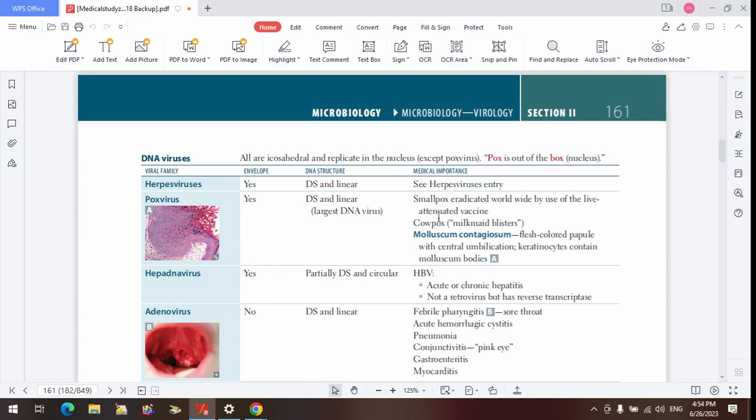But another thing that we need to pay attention to about smallpox is that the vaccine is a live attenuated vaccine. And you guys know what live attenuated vaccine means. What does it mean when we say the vaccine is live attenuated? Anybody? Guys, we just did immunology.